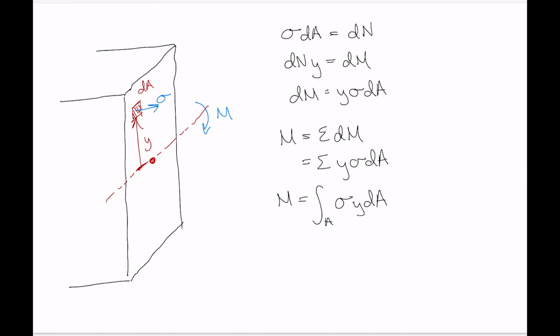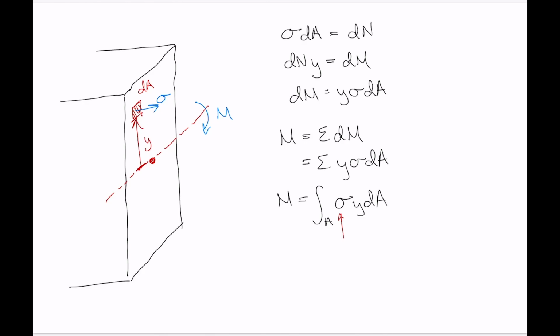Now we need to recognize that our stress sigma varies over the cross section depending on where we are with position y. So we don't want two different variables here that both depend on where we are relative to the centroidal axis and the neutral axis of bending.